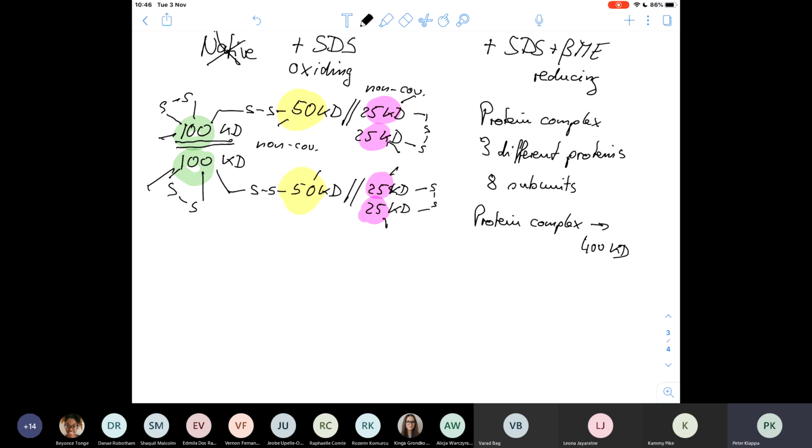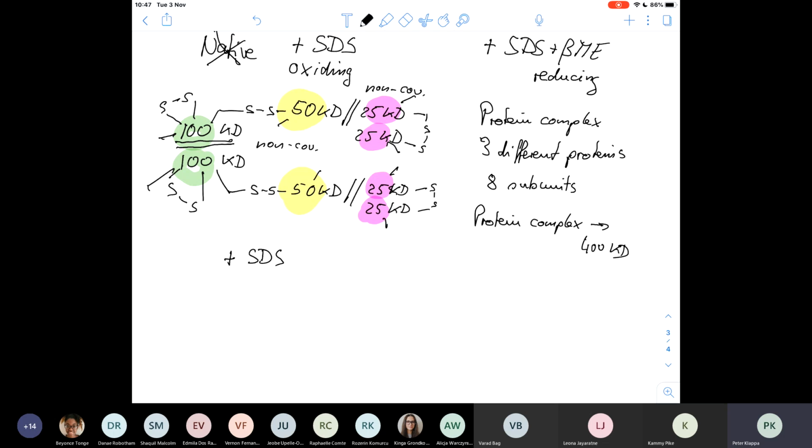What is the electric charge of this complex? We don't have a clue. So it could run either to the positive side or the negative side, or it might not run at all. So what we do is we run this in the presence of SDS, and SDS only.